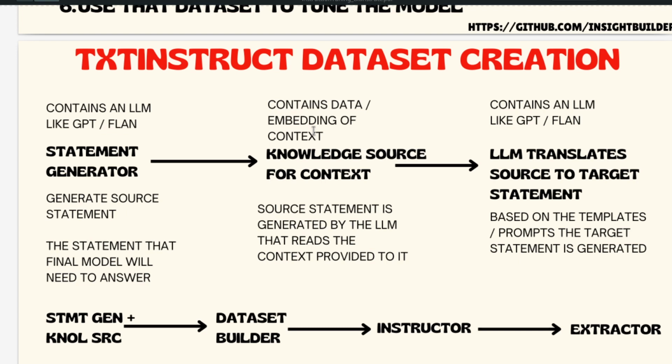Keep this in mind continuously, right? The first two, the statement generator and the knowledge source context, together will create the dataset. After the dataset is created, you will send it to what is called the instructor, and the instructor will create the new model.